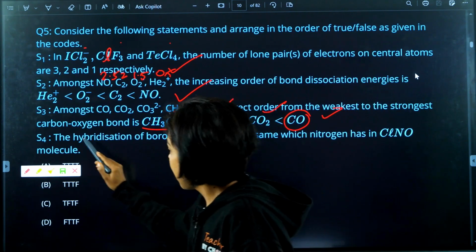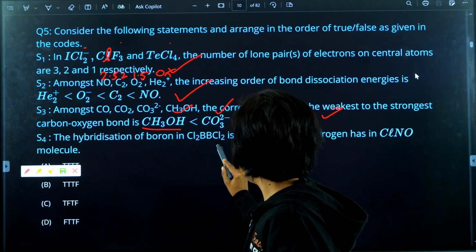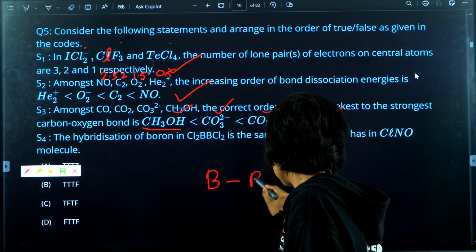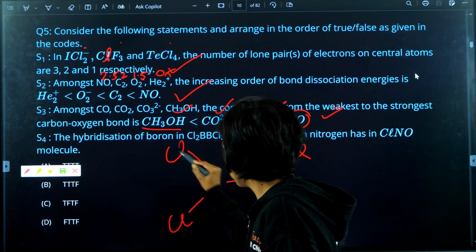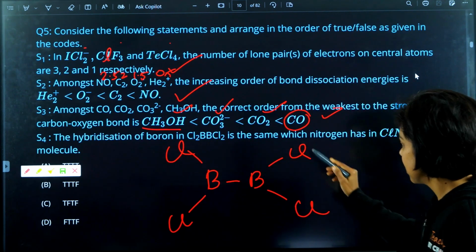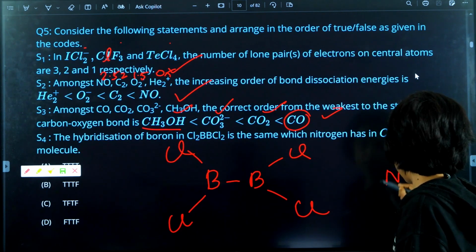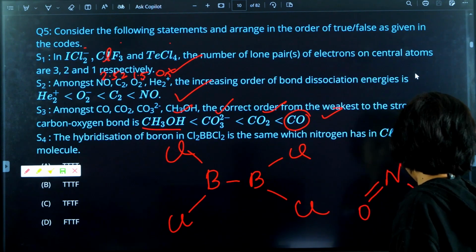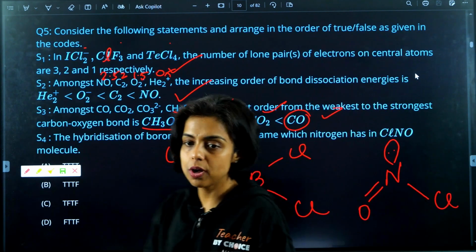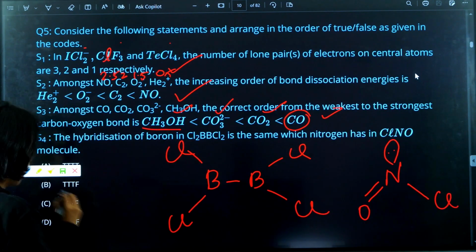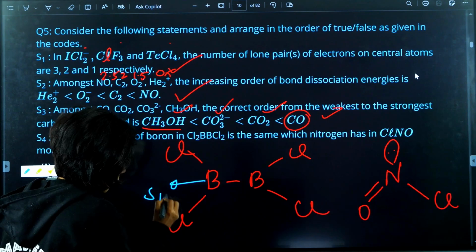Okay, the hybridization of boron in this compound. I can see the boron is sp2 hybridized, the same as that of nitrogen. So both are sp2 hybridized. We can see here both the atoms are sp2, trigonal planar.